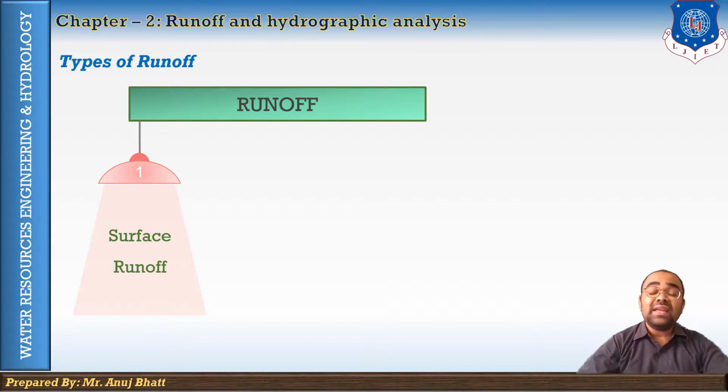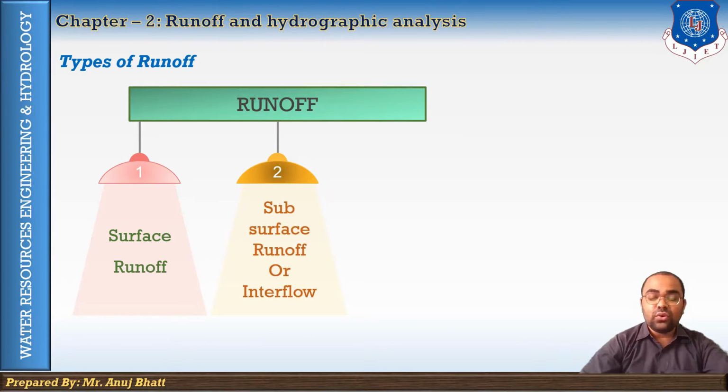Let's move on to the next type of runoff, that is the subsurface flow, or we can say the interflow. A portion of the precipitation that infiltrates into the surface soil runs as subsurface runoff and reaches the streams and the rivers. This water is known as subsurface runoff or interflow. It occurs more rapidly than the base flow, but typically more slowly than the surface runoff.